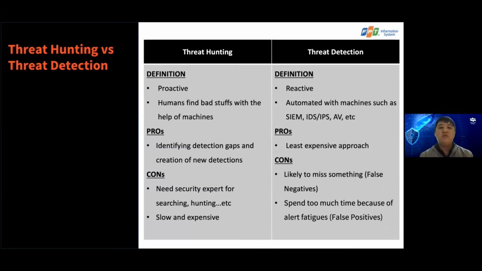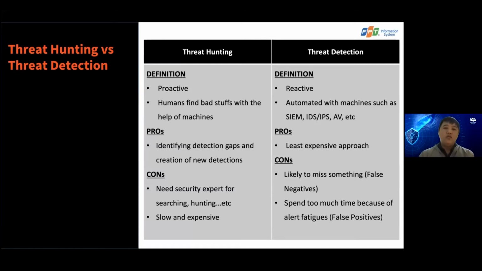That should enable the threat detection engineers and our threat hunters. But the main disadvantage of the threat hunting approach is that we need security experts for hunting, for searching, for leveraging our tools, and it's quite slow and expensive.